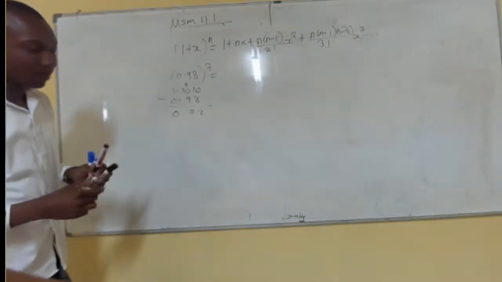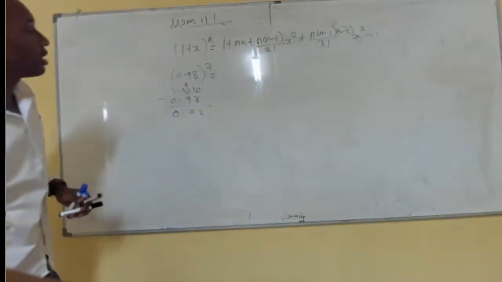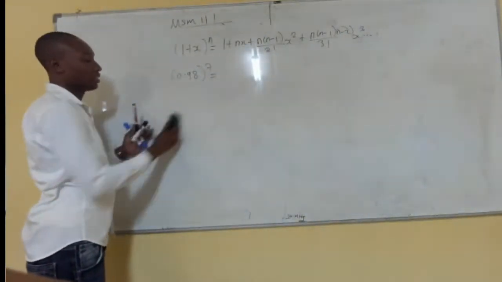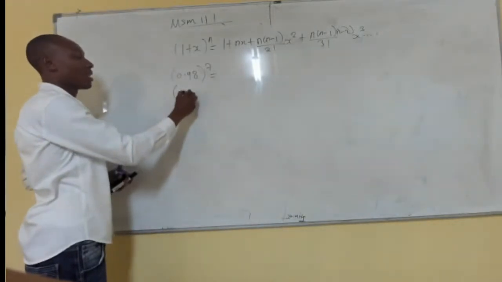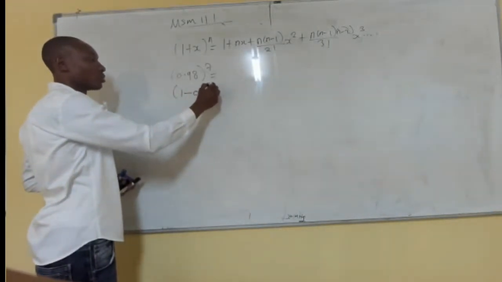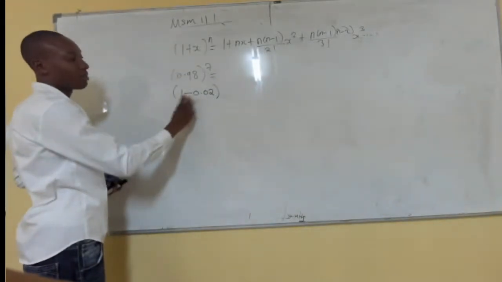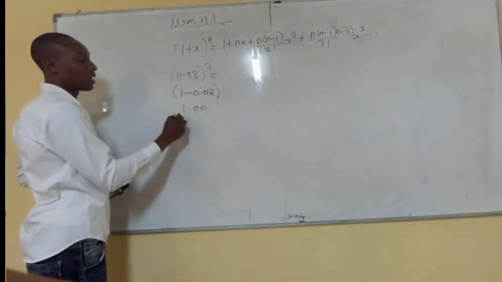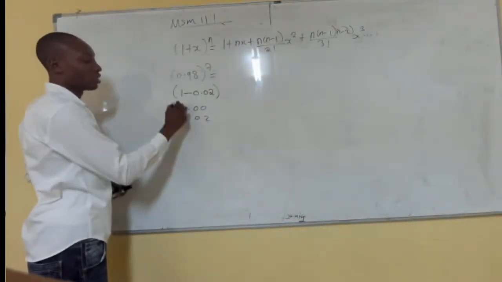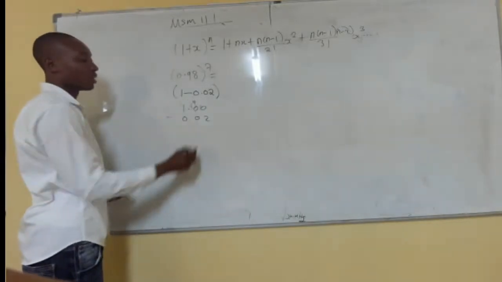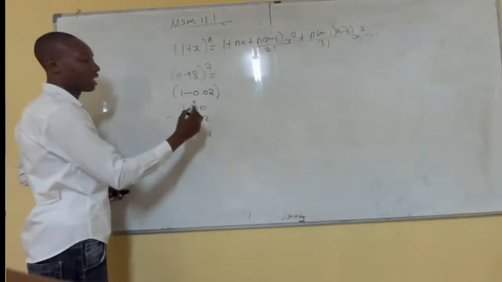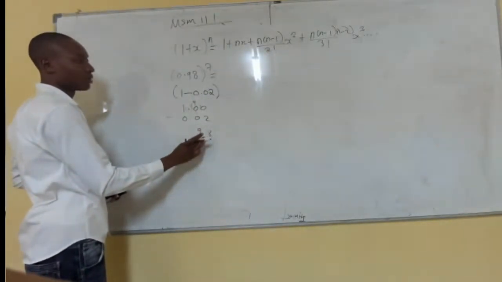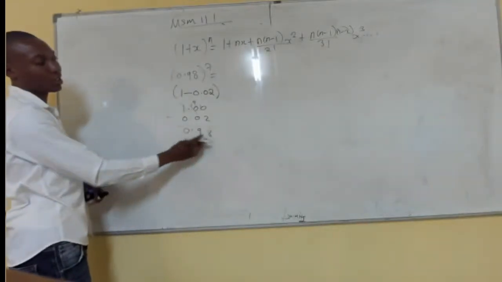So for them to get to 0.98 to the power 7, what they did was they said 1 minus 0.02. If you subtract 1.00 minus 0.02, 10 minus 2 is 8, 9 minus 0 is 9, then 0.0, so 0.98, you see?